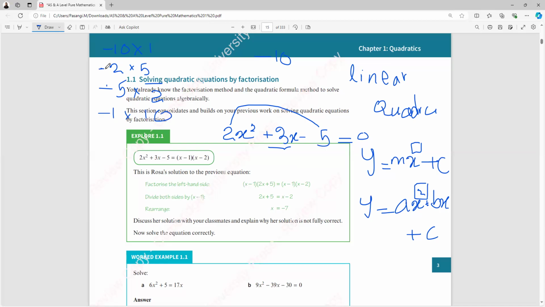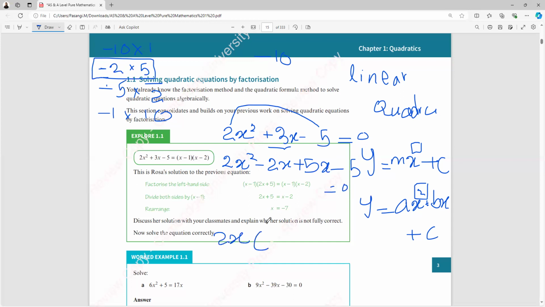Out of these combinations, to get this plus 3, what we have to do? We have to use this minus 2 plus 5 as our correct method. So then we can have 2x squared minus 2x plus 5x minus 5 equals 0. Out of these, we can take 2x out.